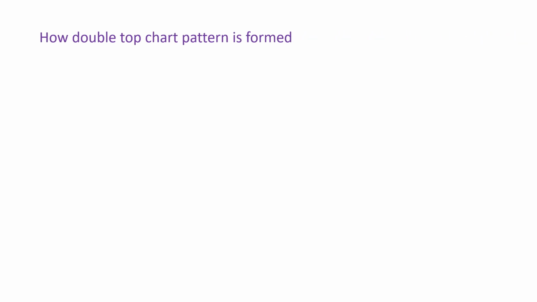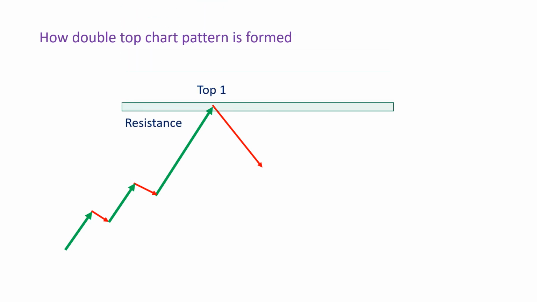The first thing I'm going to talk about is how the double top chart pattern is formed. In a trending market, the price is always making higher swing highs and the pullbacks are making higher swing lows all the way up. Here we have our first top, top one, located on this strong resistance level.